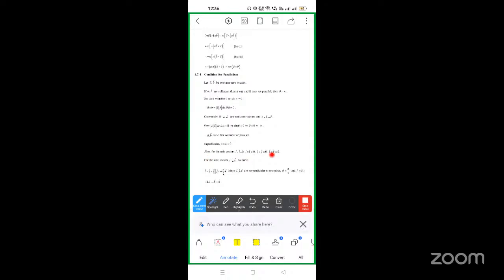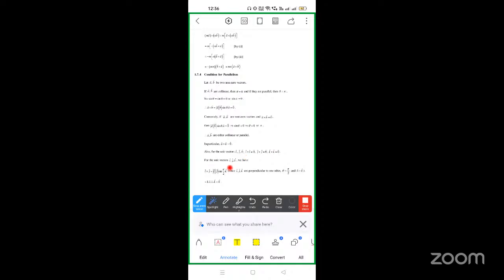We can see that in the dot product, i dot i, j dot j, k dot k is always 1. But in the cross product, i cross i, j cross j, and k cross k are always 0.